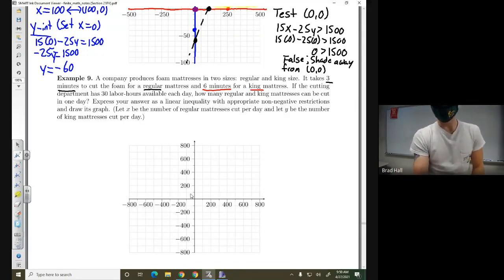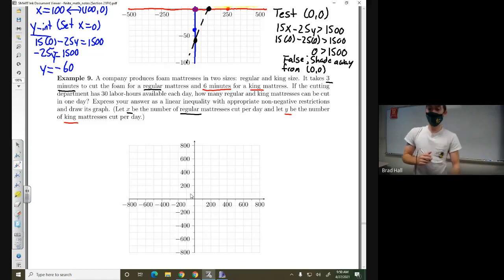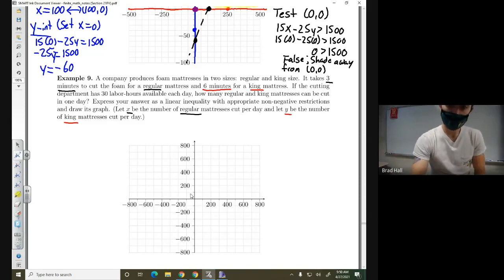It does go on to say x corresponds to regular, y corresponds to king. So somehow 3 is going to correspond to an x and 6 is going to correspond to a y. 3x plus 6y.